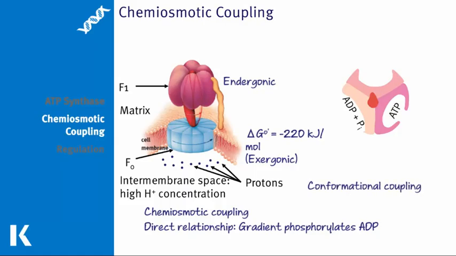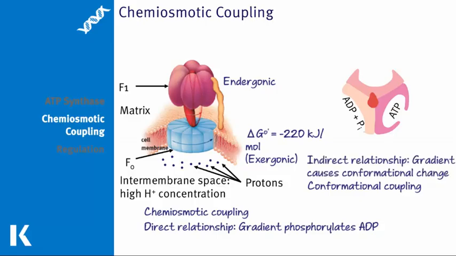While biochemists think chemiosmotic coupling has a direct relationship to affecting ATP production, chemiosmotic coupling could alternatively promote an indirect relationship between the proton gradient and the synthesis of ATP by inducing conformational coupling, which is when ATP is released by the ATP synthase as a result of conformational change caused by the gradient. In this mechanism, the F1 portion of ATP synthase is reminiscent of a turbine spinning within a stationary compartment to facilitate the harnessing of gradient energy for chemical bonding.